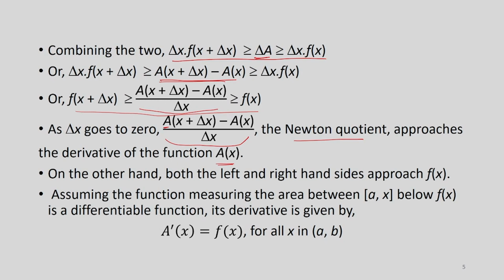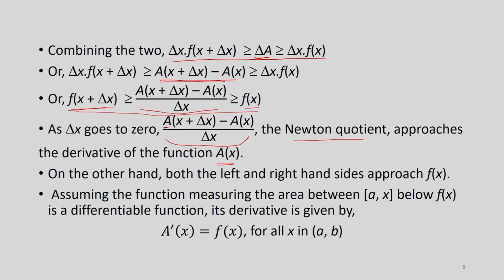On the other hand, both the left and the right hand sides approach f(x). This is obvious. As delta x goes to 0, this term, that is f of x plus delta x, will go to f of x, and this is the first term. The third term is independent of delta x, so it does not change at all.